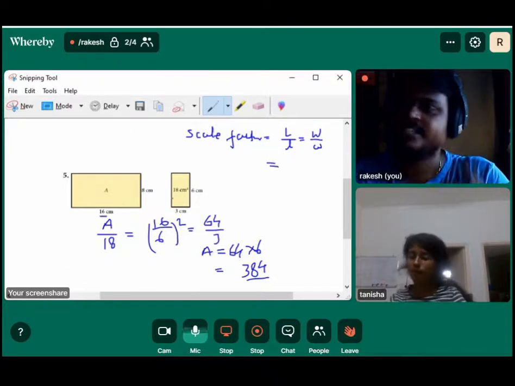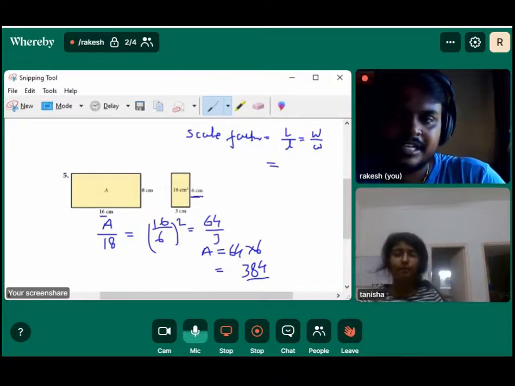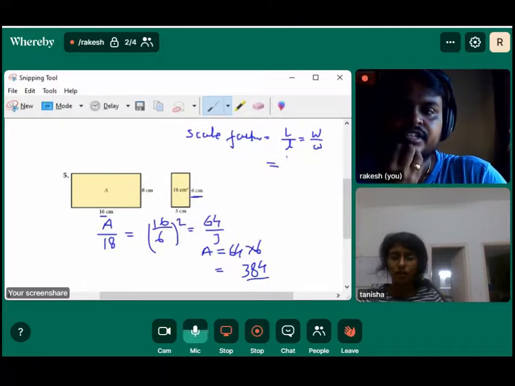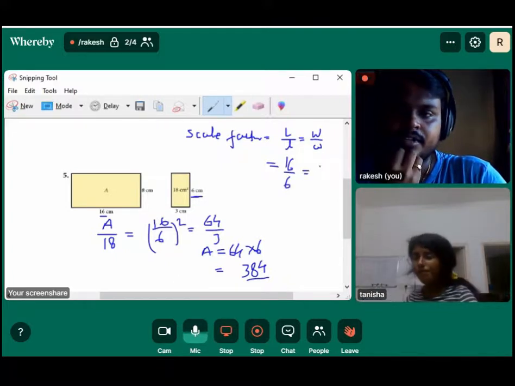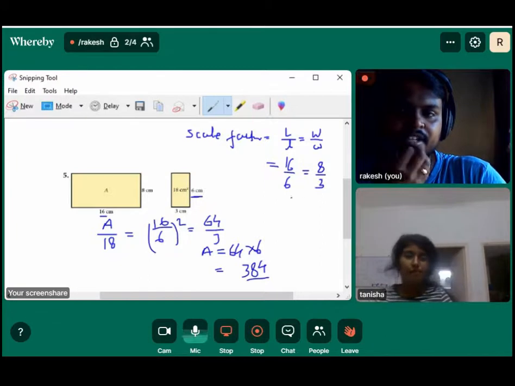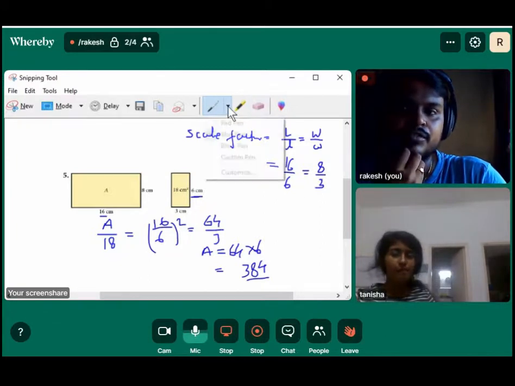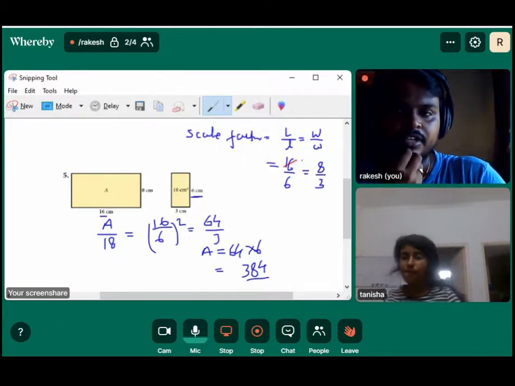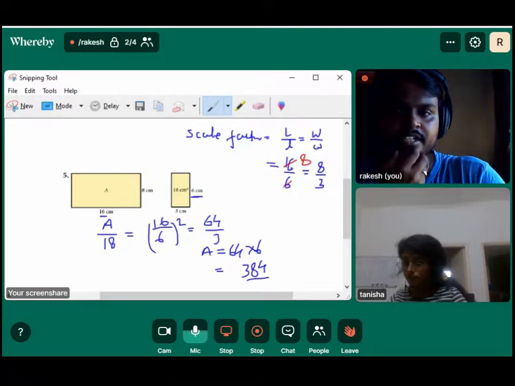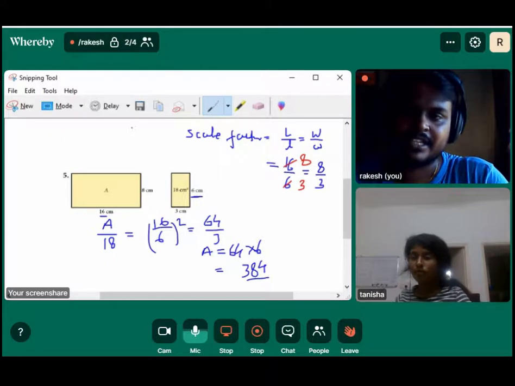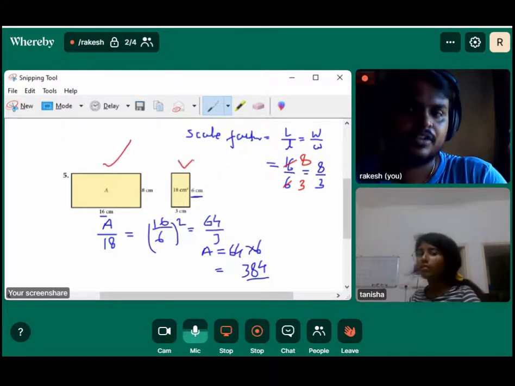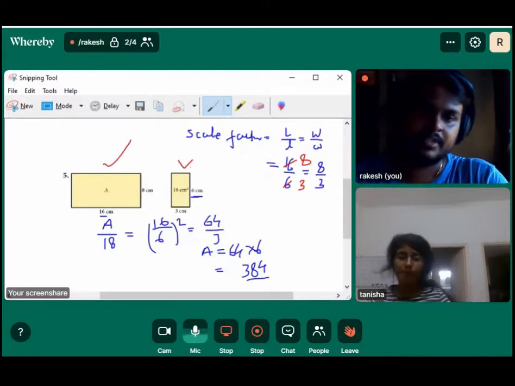If you take 16 centimeter here, the length is 6 centimeter for the smaller rectangle. So 16 upon 6, or 8 upon 3, one and the same thing, right? If you simplify, you get 8 upon 3 only: 2 eights are 16, 2 threes are 6, so it means 8 by 3. That's why these two rectangles are similar, but they already said the rectangles are similar, right?